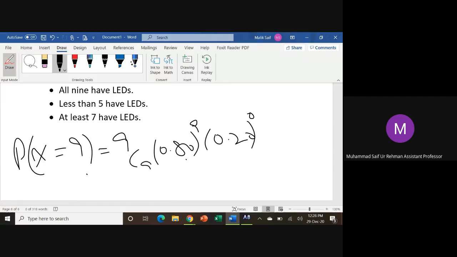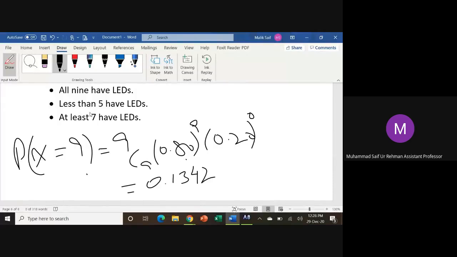Okay. So 9C9 is 1. 0.20 power 0 is 1. 0.80 power 9, you simply have to solve this. See what the answer is. 0.1342. So 13.42% are the chances that all 9 homes have LEDs.